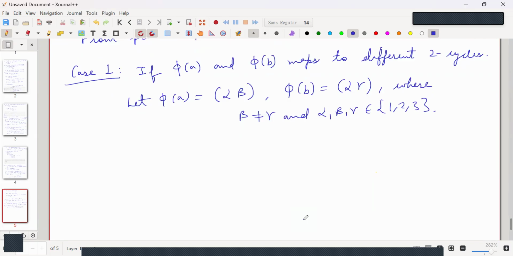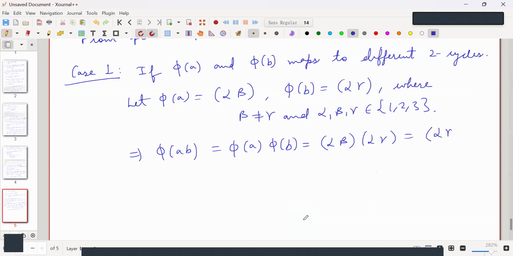So this will imply phi of AB, that is phi of A times phi of B, is alpha beta times alpha gamma, and that will be alpha going to gamma, gamma going to beta, and beta going to alpha again.